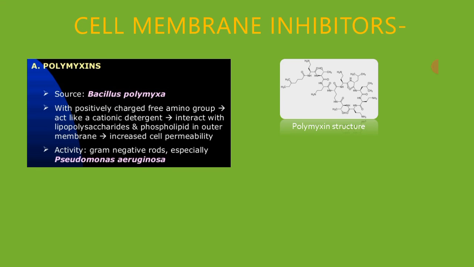But now our antibiotic, the polymyxin, is present, which will bind, and our polymyxin has the positively charged 5 free amino groups that will bind to the negatively charged phosphohead group of the phospholipid membrane, the phospholipid and the LPS present in the cell membrane.